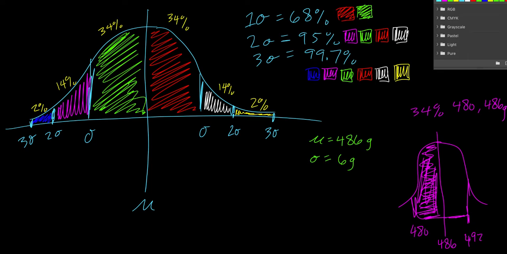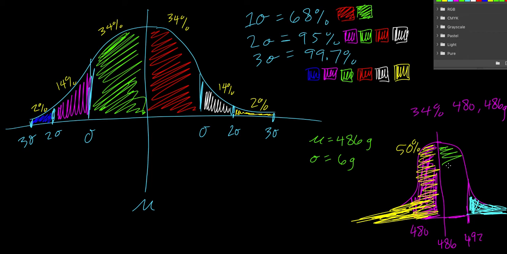Okay, the next one asks more than 492. So we got 492 right there. So it wants this area. Now basically what we're going to do is we're going to find the area of everything we don't want and then subtract it. So if we take just the second half of the normal curve, that's going to represent 50%.